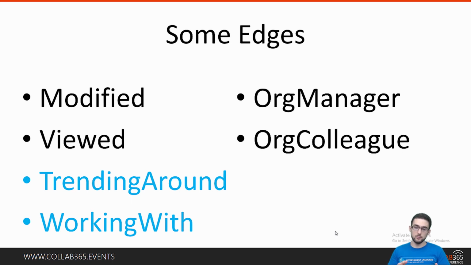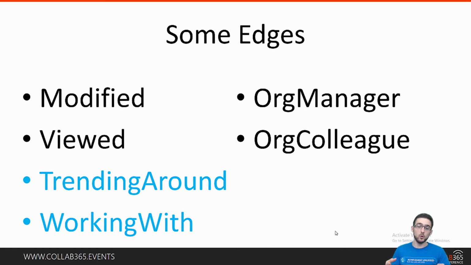And then you have what I've put in blue, what we call the insights. Basically, they take all that connected data in the graph, and on top of that they apply some machine learning and clever calculation. And they provide you new endpoints about what they think might be relevant. For example, Trending Around, and we'll see that later, is an endpoint where you have all the documents trending around me. For example, in my company, I'm a SharePoint expert, I'm working on Azure, I do a lot of development.